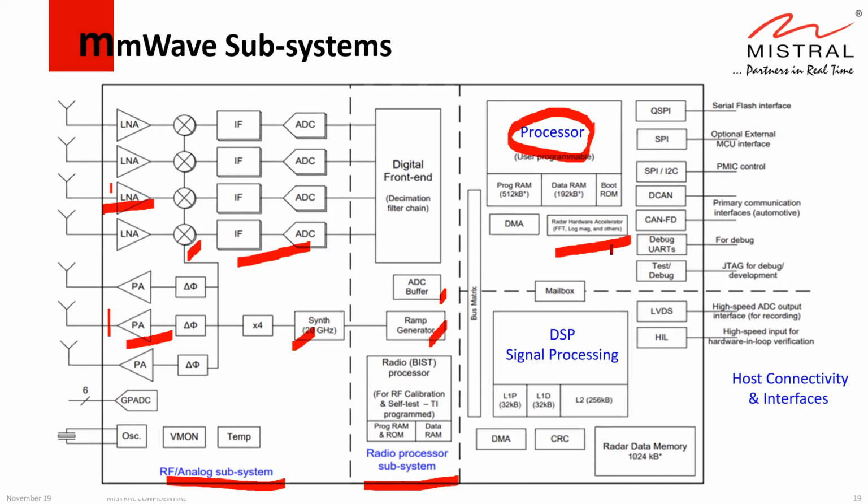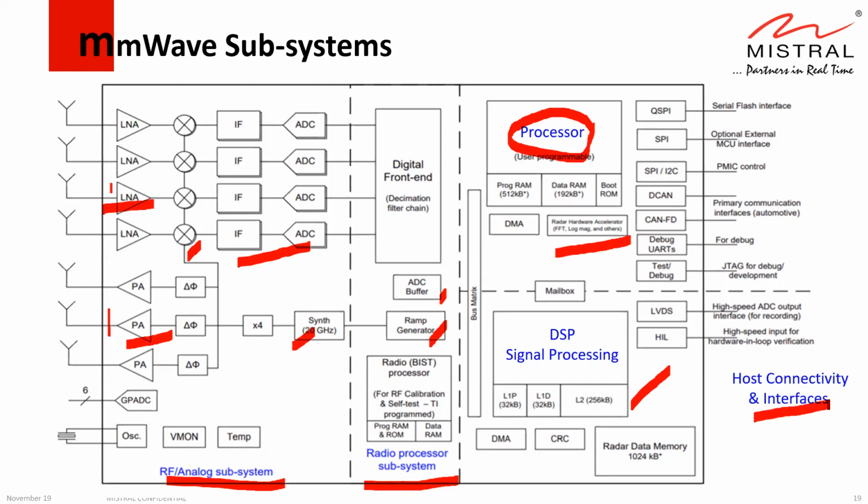So most silicon suppliers go with a hardware accelerator-based mechanism where FFT, log magnitude, and other accelerators are part of the processing engine. They also offer a DSP inside the same device, where you can do higher-level applications and development, such as data filtering.